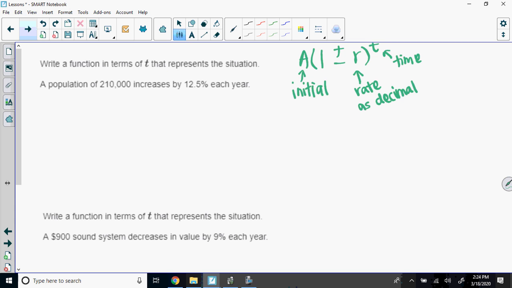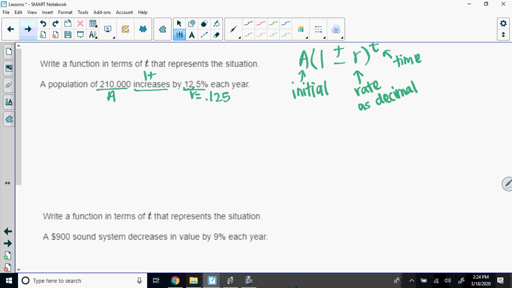So we have this population of 210,000. That is our initial amount, and it increases, so that tells us it's going to be 1 plus some amount, by 12.5%. That is r, but it has to be a decimal, so you move the decimal twice, 0.125.